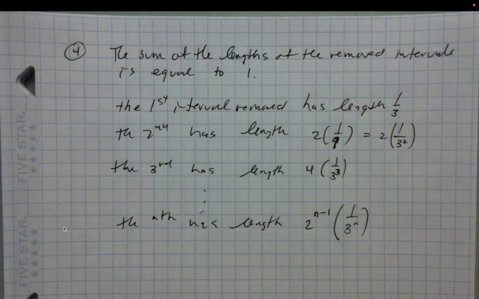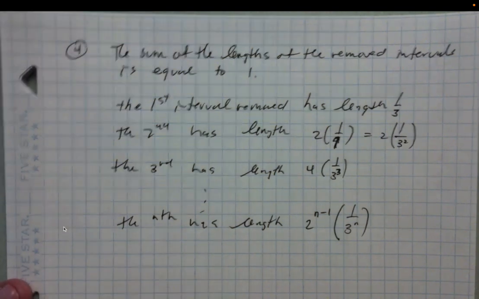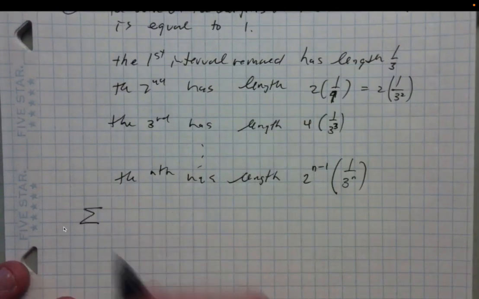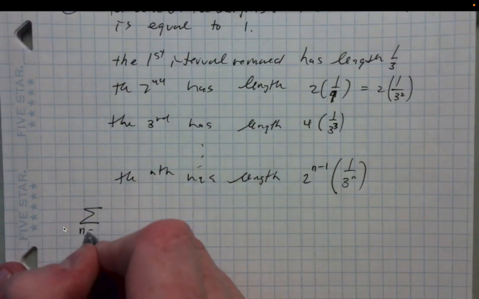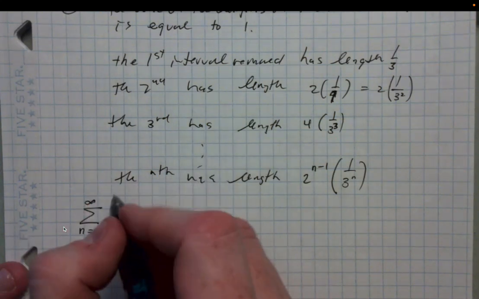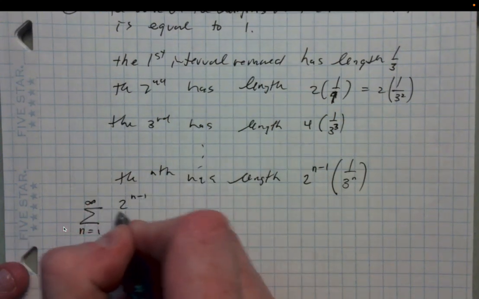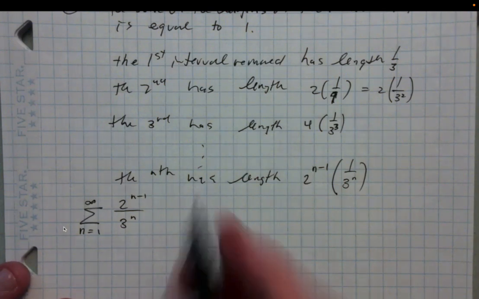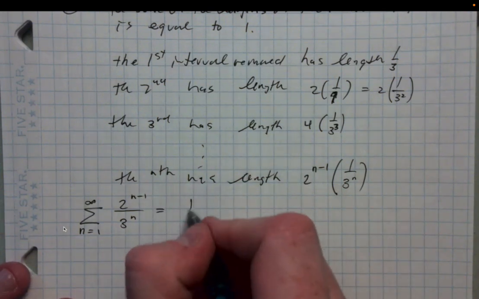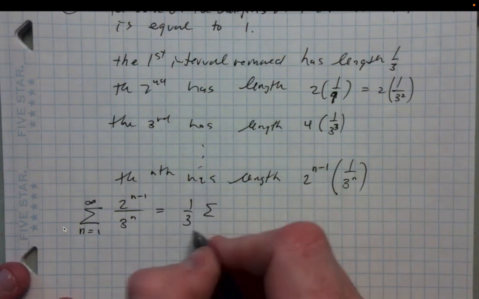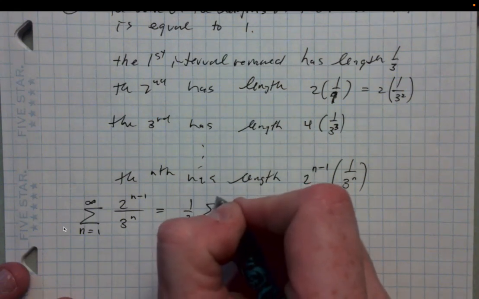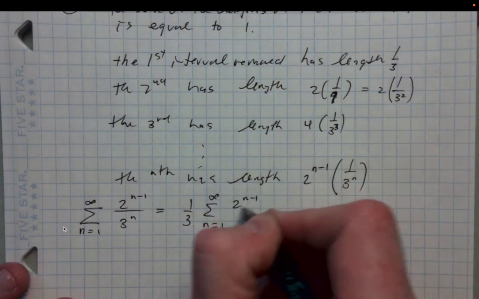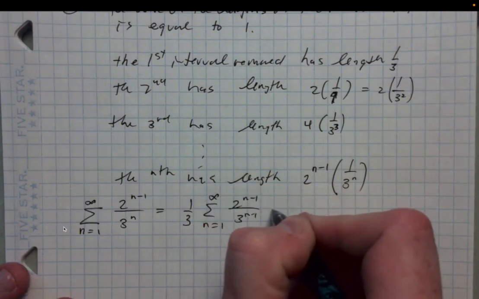So this is just a nice little sum that I can calculate here, right? So the sum looks like this. It'll be the sum from n equals 1 up to infinity of 2 to the n minus 1 over 3 to the n. And I can do some really easy work on this. I can pull a third out, and then it's the sum from n equals 1 to infinity of 2 to the n minus 1 over 3 to the n minus 1, right?